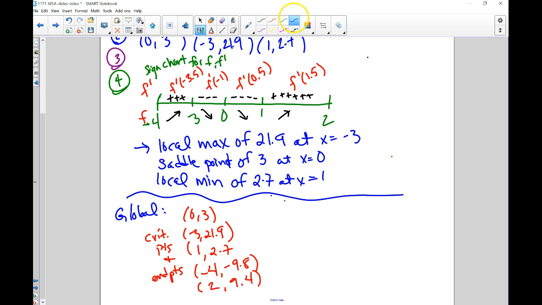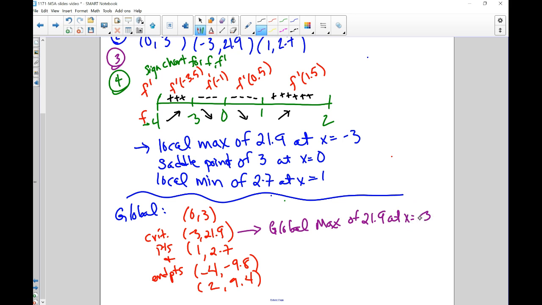Now the largest of these, the largest y value, is going to be the global max. So the largest is here: a global max of 21.9 at x equals -3.